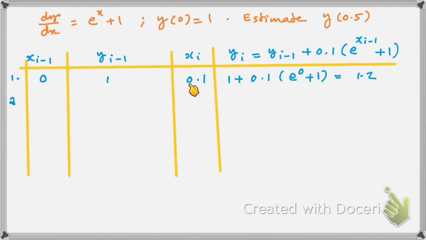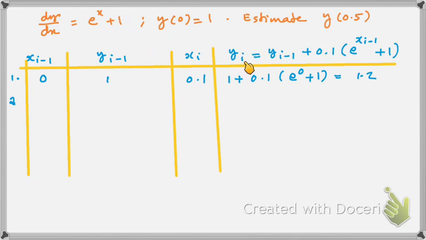So for the new point, you are taking a step value of 0.1. The new x value increases from 0 by 0.1. So x i is easy from x i minus 1: just add h to it. 0 plus 0.1 is 0.1. But the y value is not that easy.